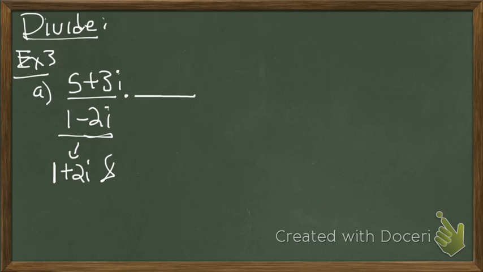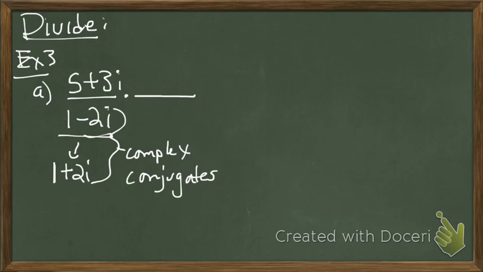These are complex conjugates. Now, when you multiply complex conjugates together, something really nice happens, like we saw in that last example. The imaginary parts end up canceling out, and you're left with just the real part.